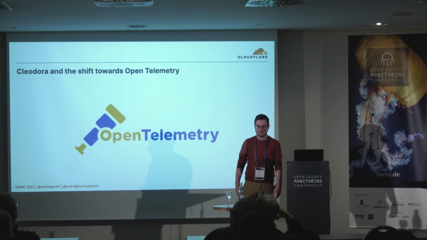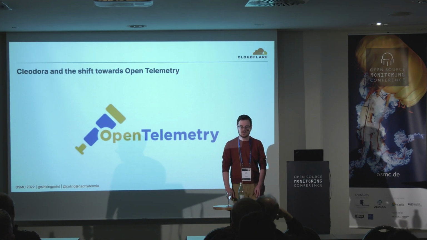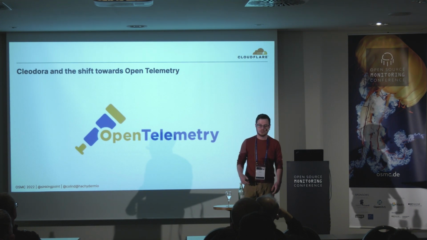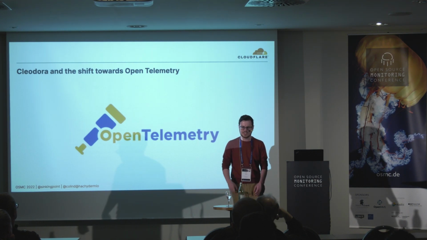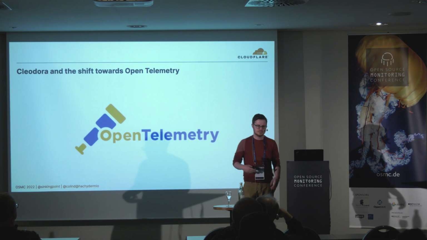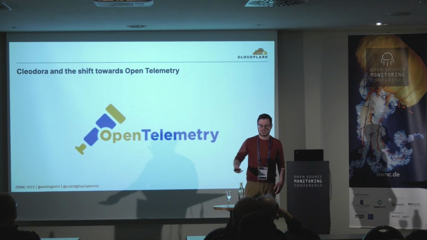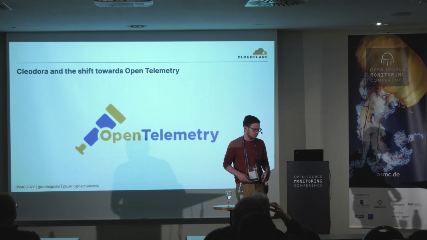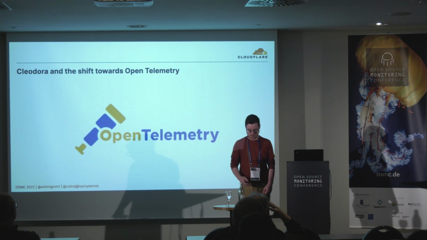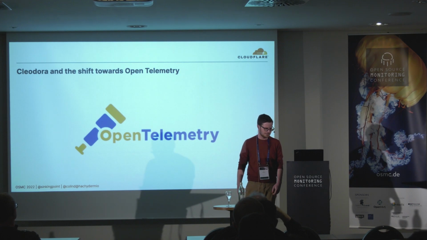OpenTelemetry has a really interesting metric spec, and in fact it defines two different types of counter. We have the absolute counter, like a Prometheus thing at the moment, but we also have a delta counter, which is sort of what we want. We push a delta of one, we push a delta of one, and it sums up into an output thing. So there's some really interesting work in OpenTelemetry to do there.